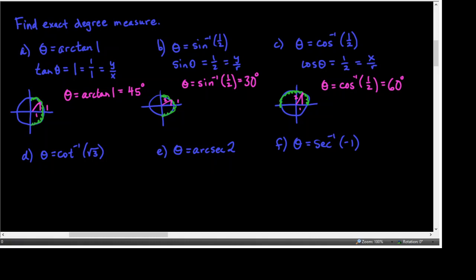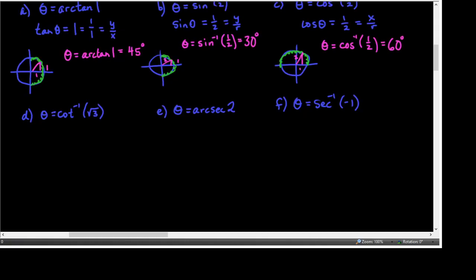Okay, so first of all, write the equation without the inverse. So that would be cotangent of theta equals square root of 3. Cotangent is x over y. So if I think about where cotangent can have answers, like cosine, it's from 0 to pi. Therefore, y is positive.